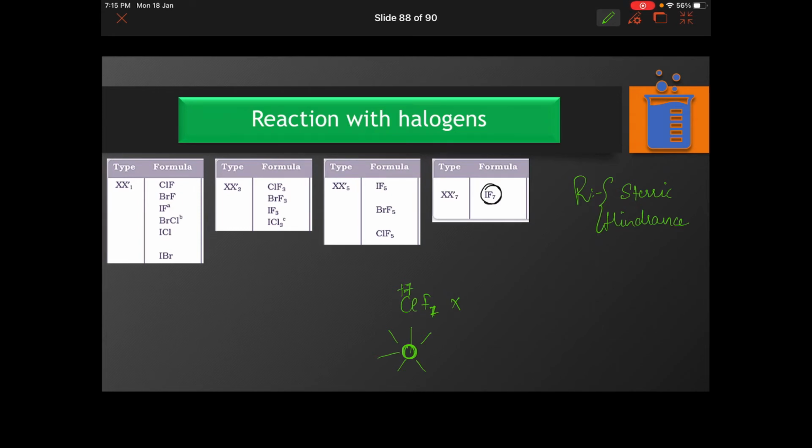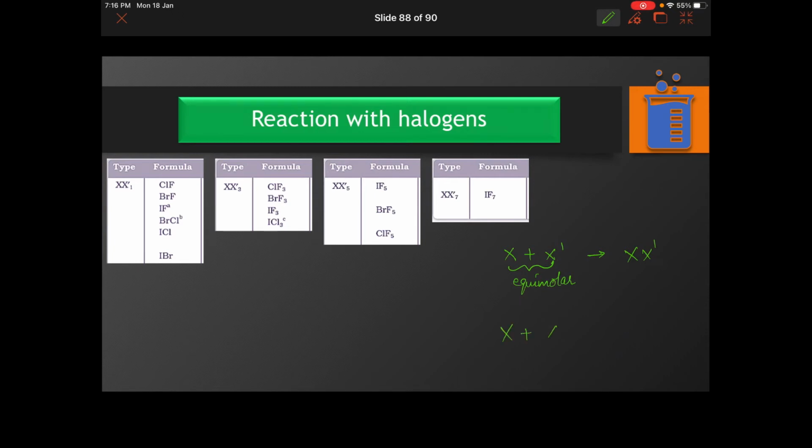Now what is important over here, nobody is going to ask you how these interhalogen compounds are formed. If you want to make a point out of it, you can just say that when these two are present in equimolar ratios, then you will have the form XX'.